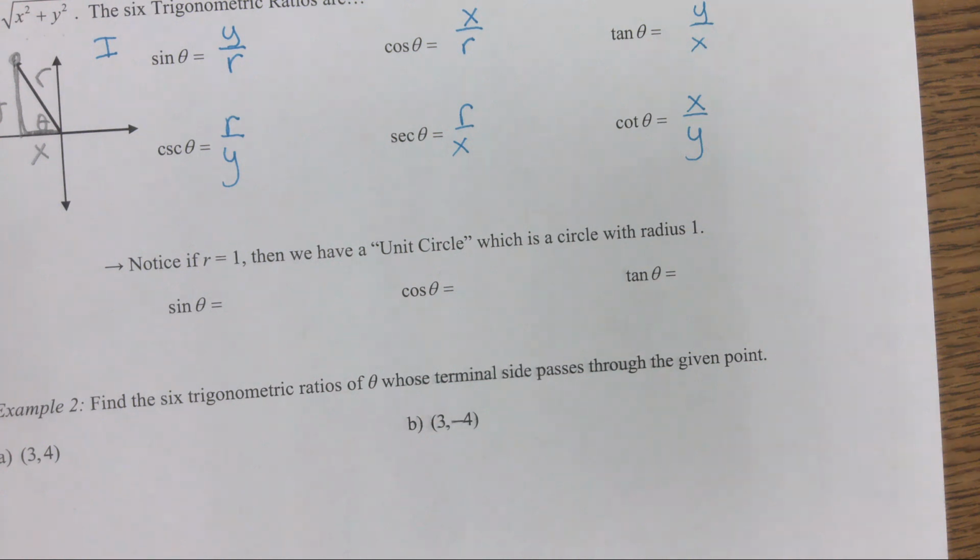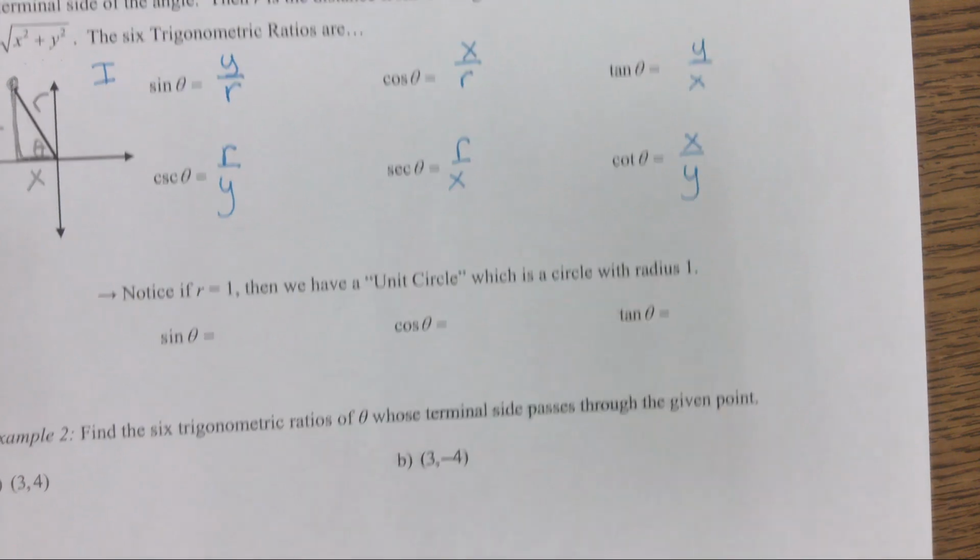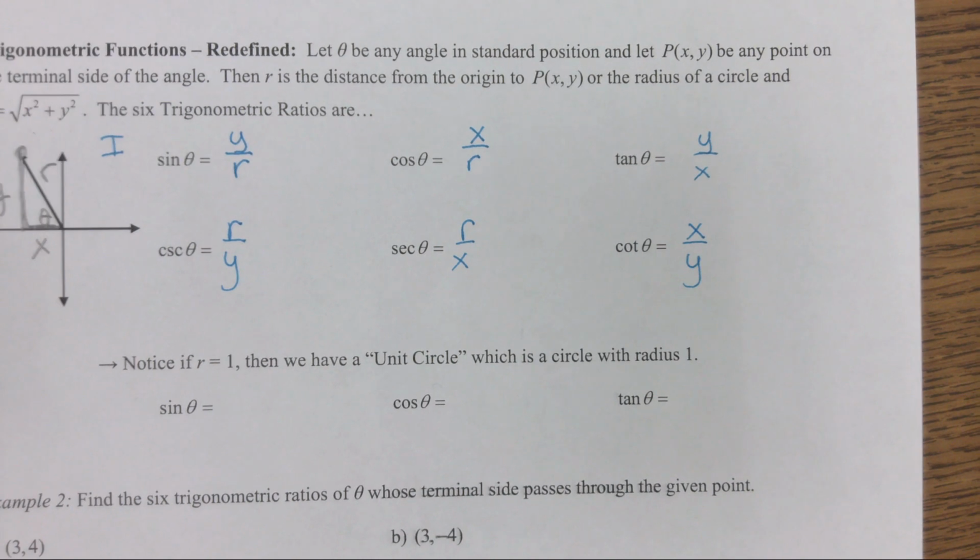What is this? I'm not doing the unit circle yet, but here's the beauty of the unit circle. You're never going to get this until you're older, maybe. What if I made all of these radiuses up here 1? Then what would the sine be?